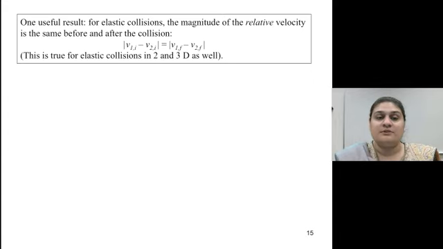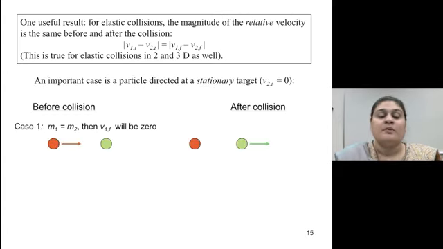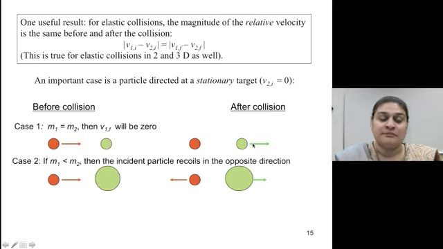Another useful result for elastic collisions is that the magnitude of the relative velocity is the same before and after the collision. For a stationary target, if m1 equals m2, then v1 final will be 0, and the entire velocity will be transferred to the target mass, which attains all of the initial velocity.